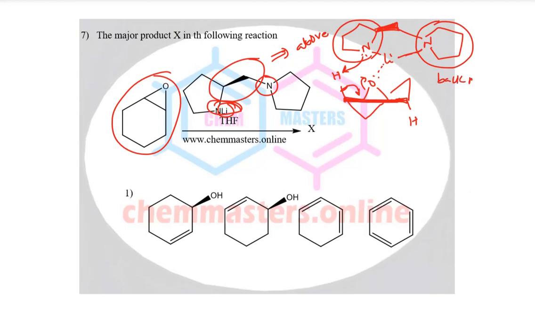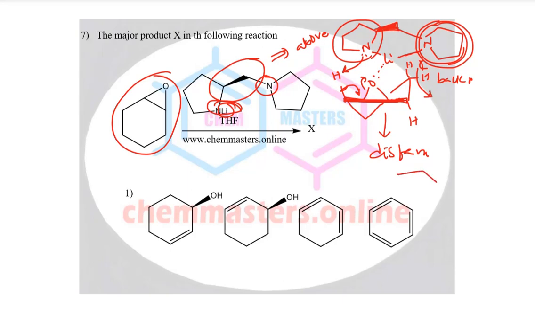Whenever it is backside, you can see the 5-membered heterocyclic ring and this edge of the epoxide cyclohexane get interactions. So steric repulsions can be seen here. Due to steric repulsions, this transition state is disfavored, and so is the product which will be formed from here.